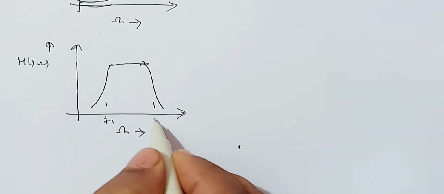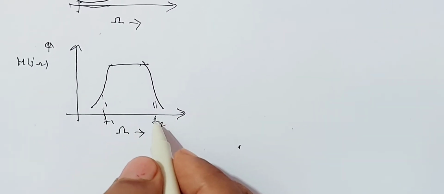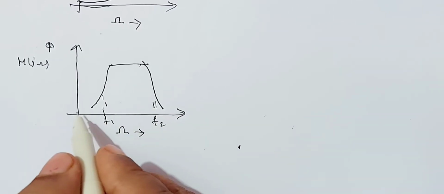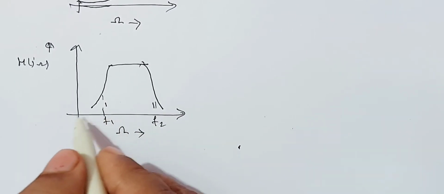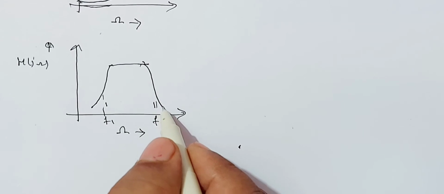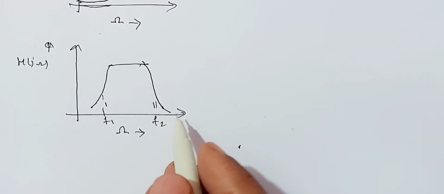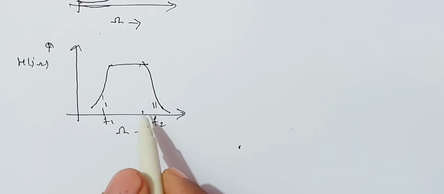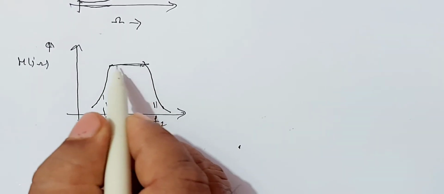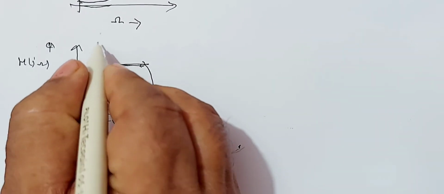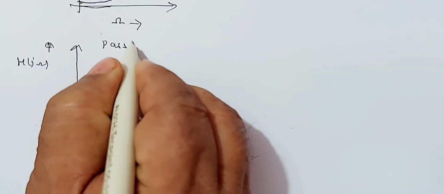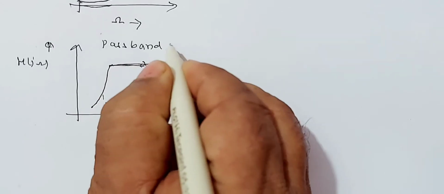Therefore, output is allowed only between the two frequencies f1 and f2. Below f1, no output voltage, stop band. Above f2, no output voltage, stop band. Only for the frequency ranging from f1 to f2, output voltage is allowed, pass band occurs. This type of filter is called band pass filter.